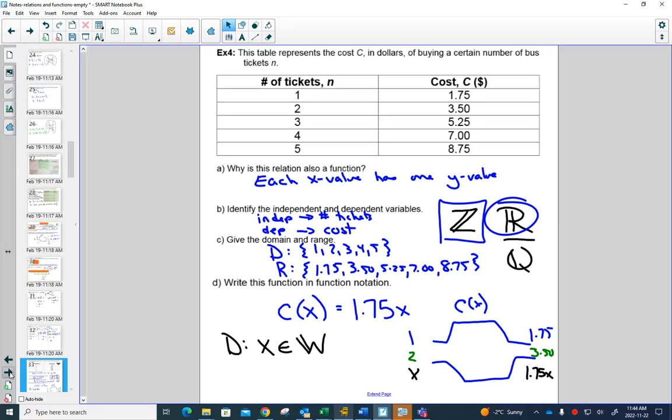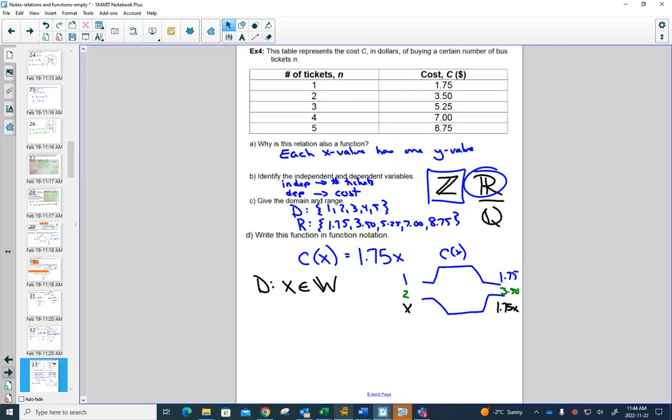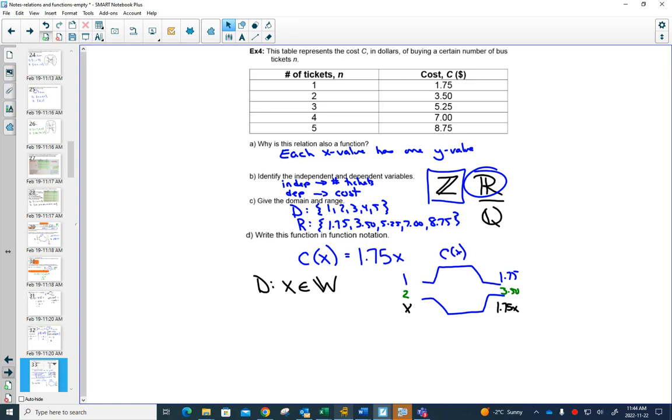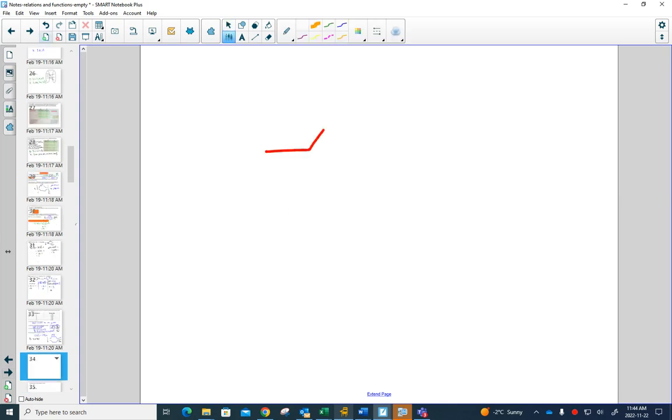For example, I was going to give you a function and see if you could figure it out. There we go. Tricky one. Here's the machine. Throw in a number. 2. Out comes a 2. 3.